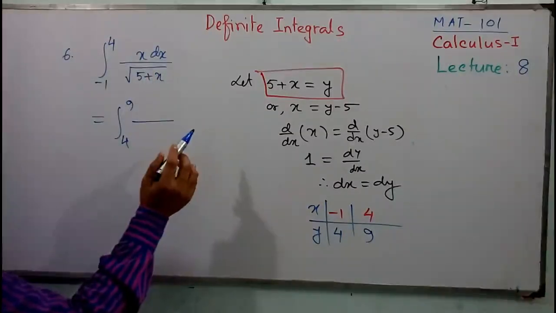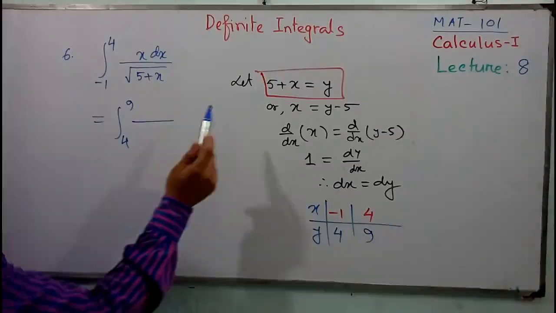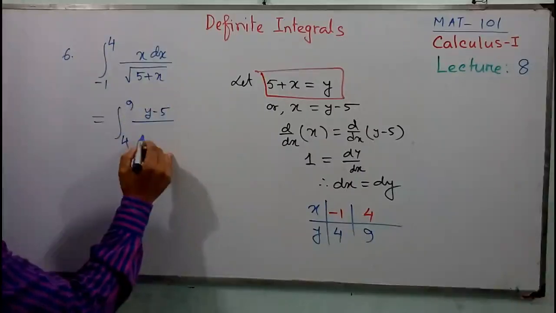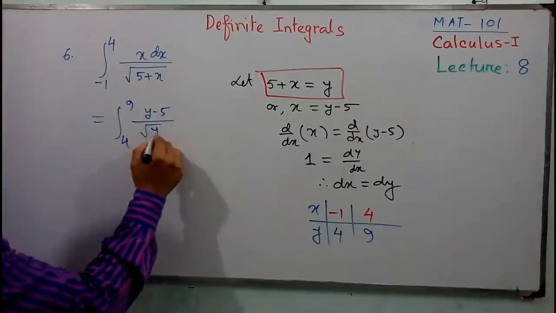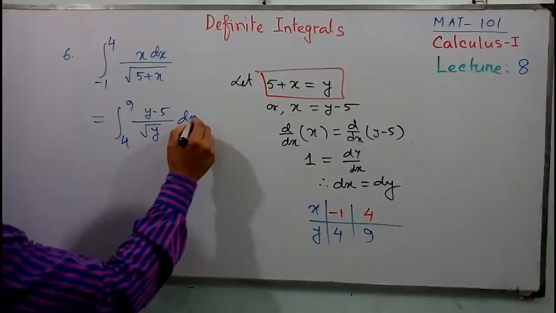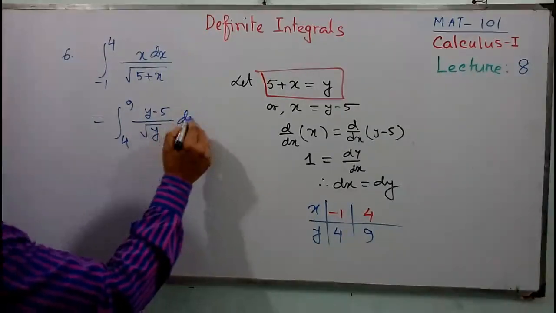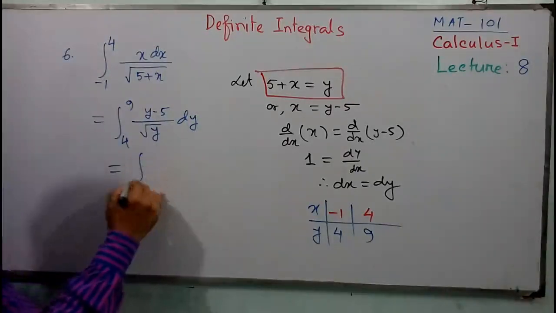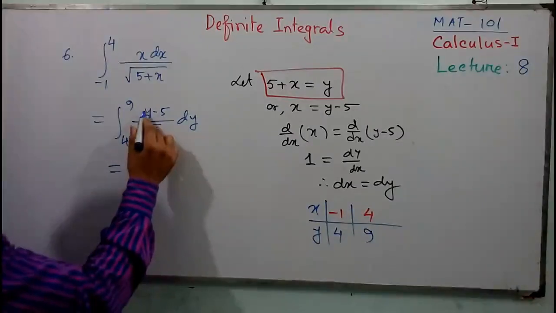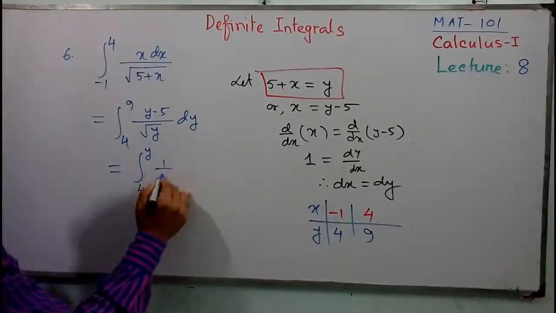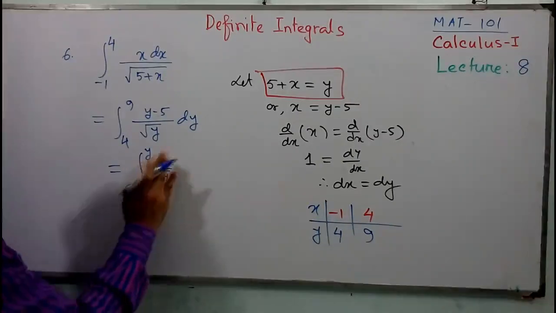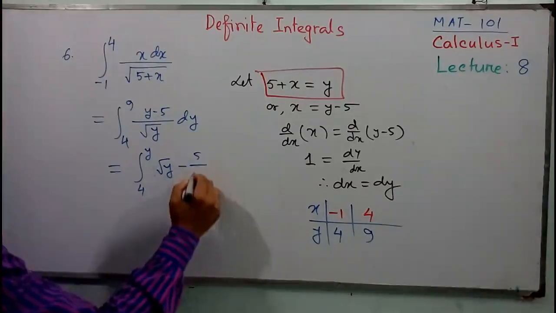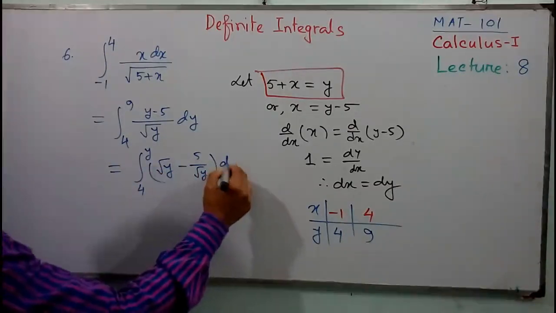And what is the value of x? X is y minus 5. And this is root y and dy. Okay, now you expand this problem like this way. 4 to 9, y by root y is root y, minus 5 by root y dy.